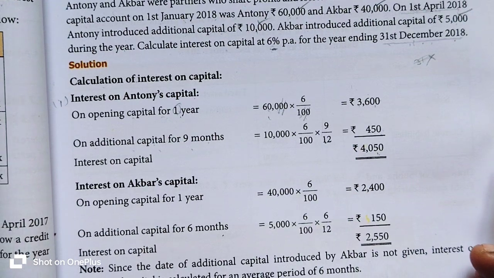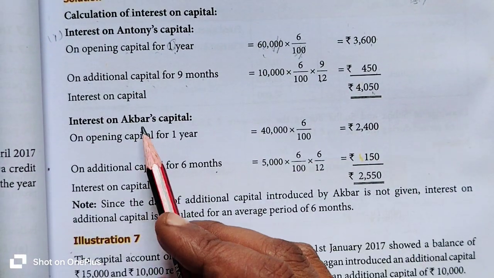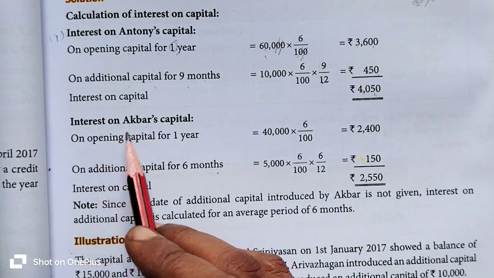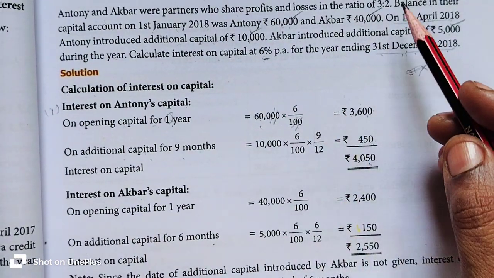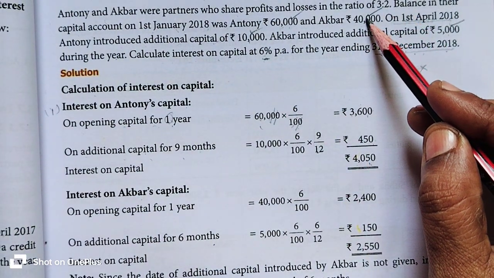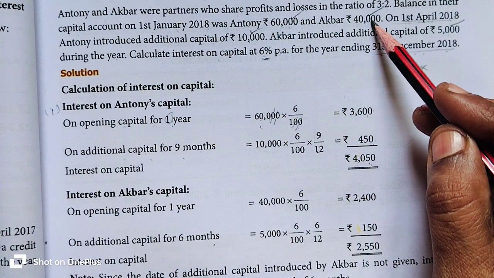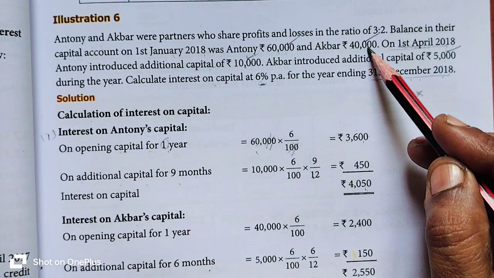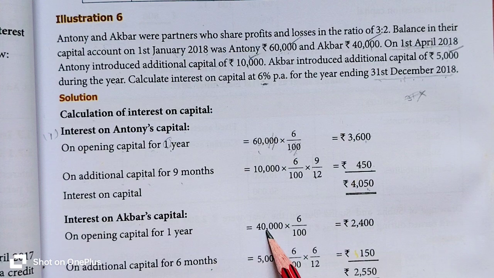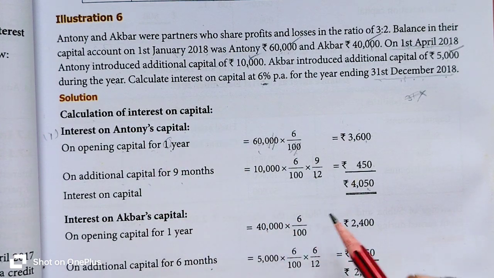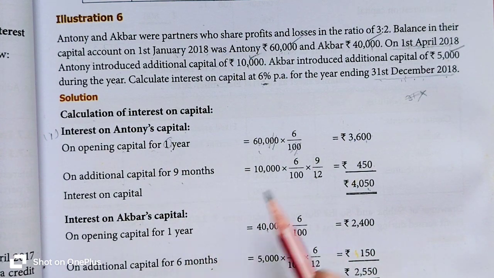Now we are going to calculate interest on capital for Akbar's. So Akbar's capital, how much? 40,000 rupees. Akbar introduced capital into the business. So 40,000 rupees into 6, that whole year you have to take for 1 year.